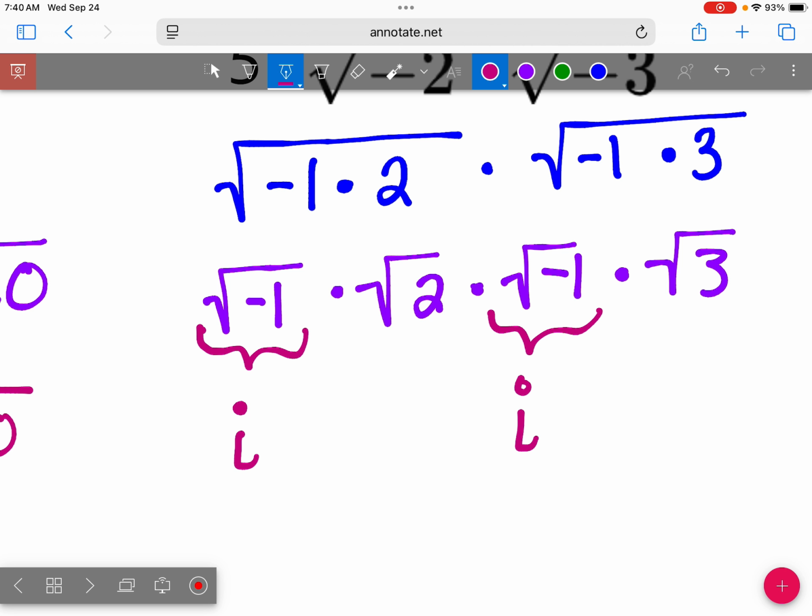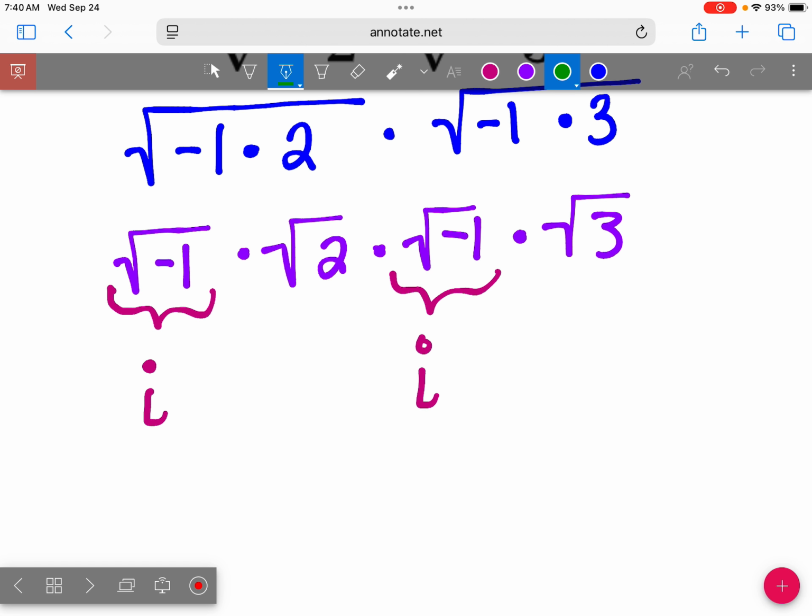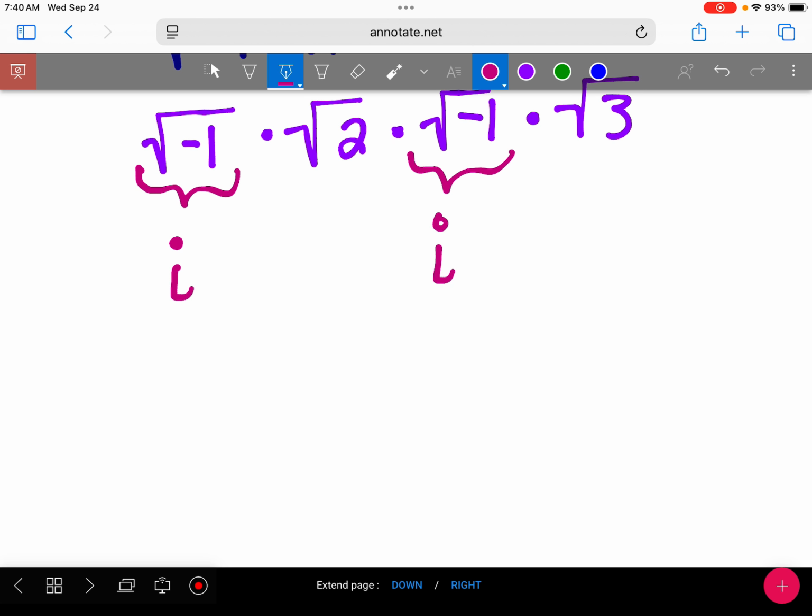Can we simplify the square root of 2? Can we simplify the square root of 3? No. So both of those are going to wind up staying inside the radicals. They kind of just are. So what we wind up with when we start simplifying this is i times the square root of 2 times the square root of 3.